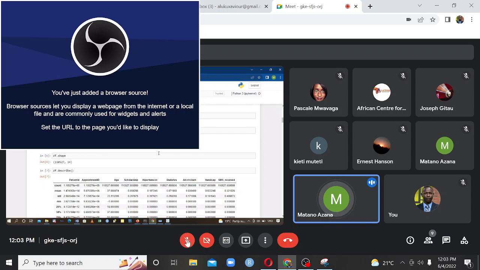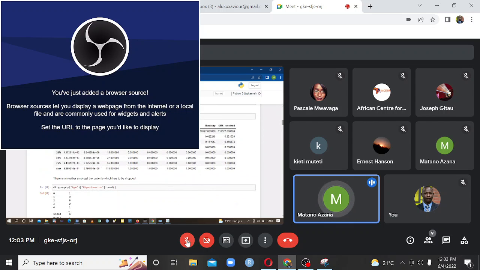I proceeded to check the summary of the data. Upon checking the summary, I realized that there was an inconsistency where we have a minimum age of -1. That is nonsensical and doesn't make sense to me, so I considered it an outlier and decided to drop it.